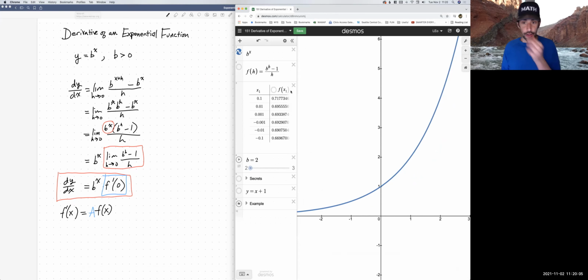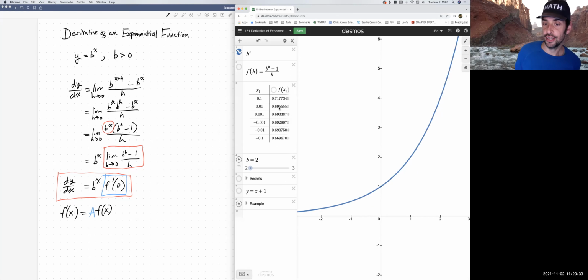So one thing I've done is, first of all, I've looked at this limit, b to the h minus 1 over h, or I've looked at that expression, and I've put in values of h. Desmos calls it x1, but those are our h values, getting closer and closer to 0 from both the positive and negative side. And all this is doing is giving us a little bit of a sense that it seems like it is approaching a value.